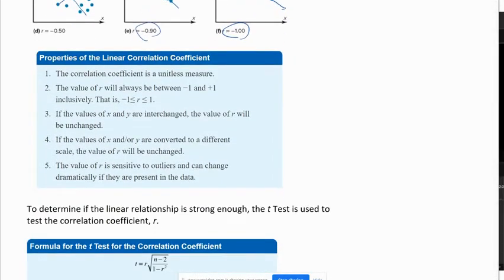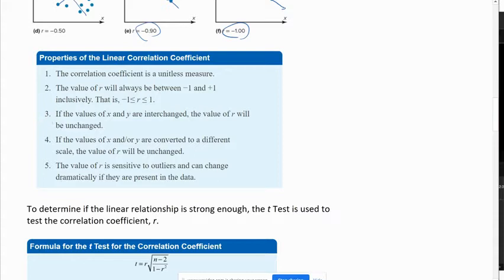Okay, so here are some properties of R, the correlation coefficient. It doesn't have units. R is always between -1 and +1. If the values of x and y are interchanged, the R value will be unchanged. So it doesn't matter how you assign your values.